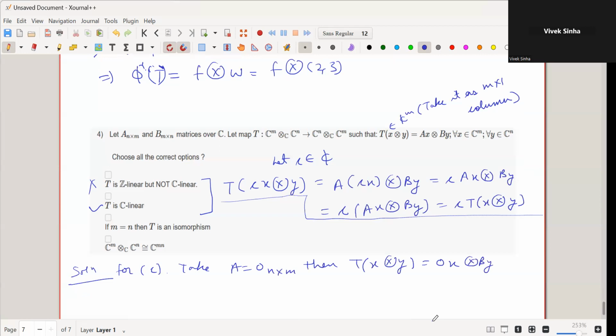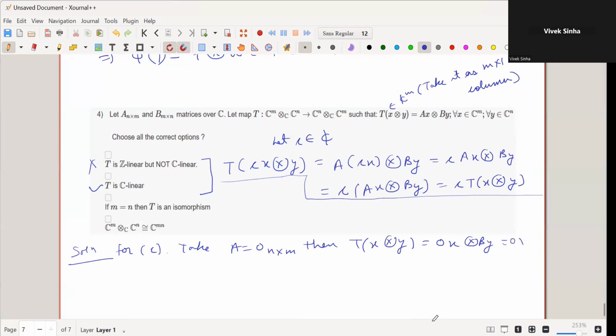A zero matrix multiplied to a column will give you a zero column, and zero tensor with something is zero, right? So this implies T is identically zero, which implies T is not an isomorphism. In fact, you can take any non-invertible matrix, and you can see that it won't be an isomorphism. I took the simplest example, the zero matrix, but you can take any non-invertible matrix.